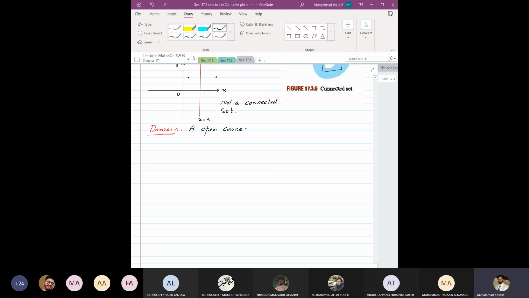Since an open connected set does not contain any of the boundary points, it is automatically a region. So a region may be closed. Closed means if all the boundary points of a set are also points of the set, then it is a closed set.